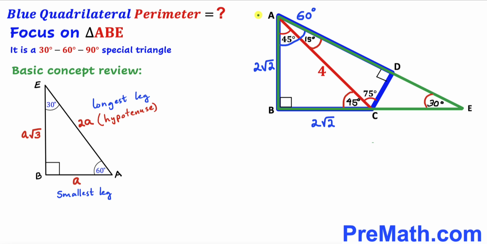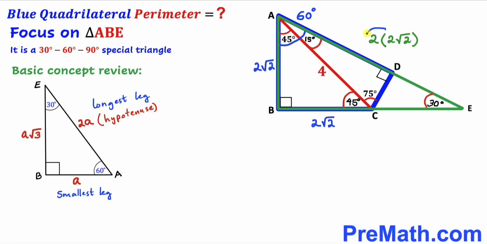And now we can see this AB side is our smallest leg, whereas this side is our longest leg, which is the hypotenuse. So therefore, this longest leg is going to be twice the smallest leg. So this is going to be 2 times the square root of 2.